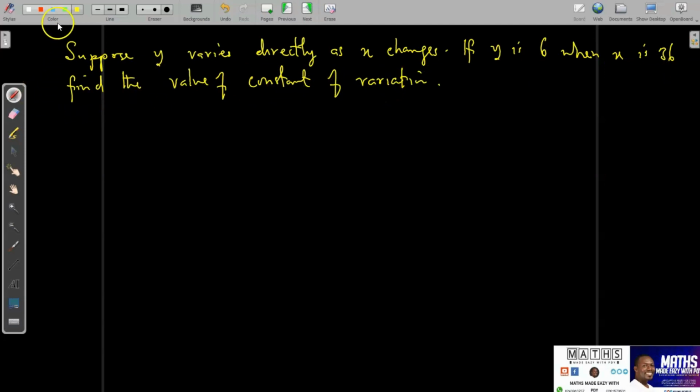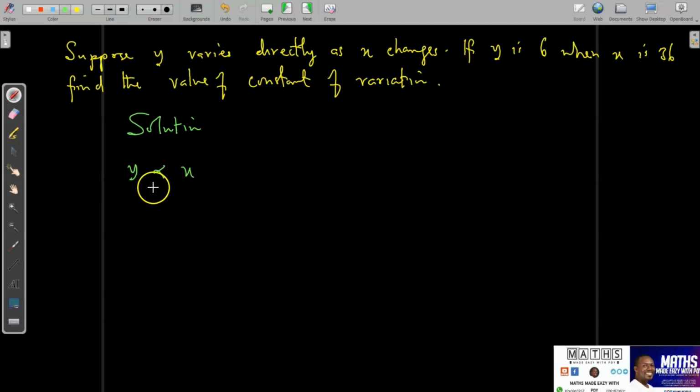So the way forward is to first consider writing your symbolic statement for the first information. Y varies directly as x changes. So let's say solution: y varies as x changes directly. So that's how symbolically we can write it.